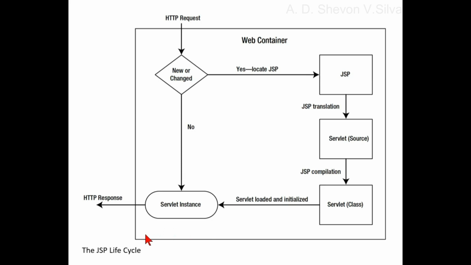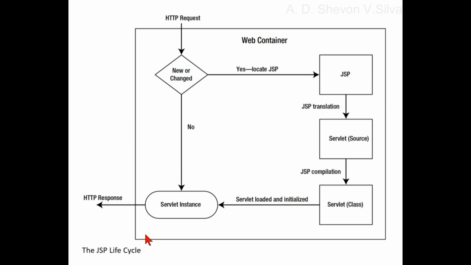Execution. After the web container has loaded and initialized the implementation servlet, the initial request can be served. To serve the request, the web container calls the _jspService method of the implementation servlet. As we mentioned, each request of the JSP page results in a separately threaded call to the _jspService method. The _jspService method provides all the functionality for handling a request and returning the response to the client.